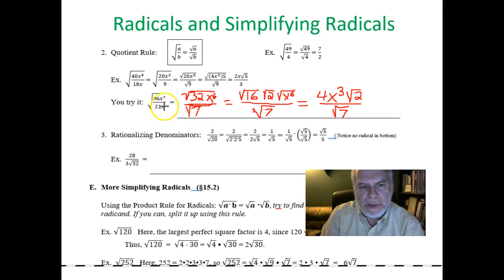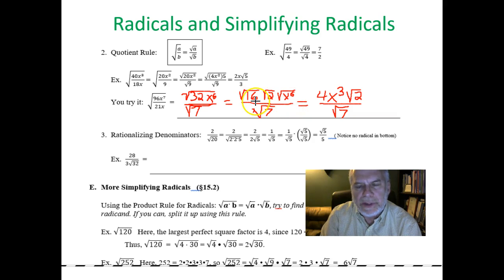I also canceled one of those x's, so that gives me x to the 6th on the top and no x's on the bottom. Now I can break up square root of 32, because 32 is 16 times 2, so I can have square root of 16 times square root of 2, and also square root of x to the 6th.